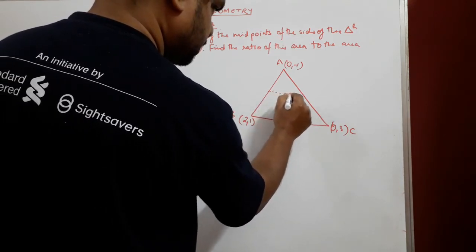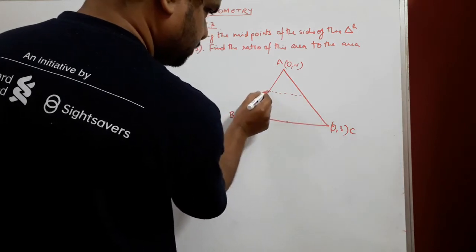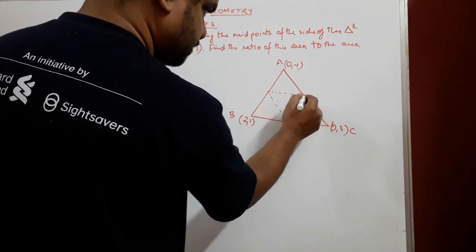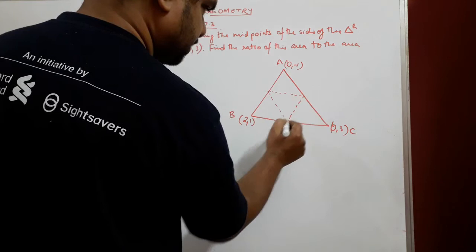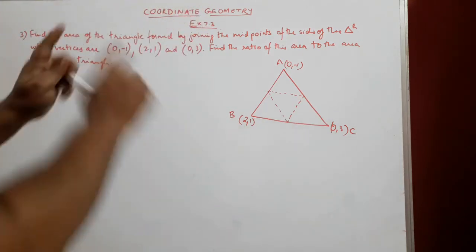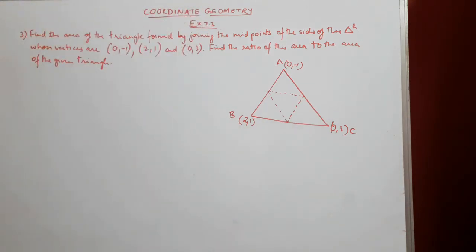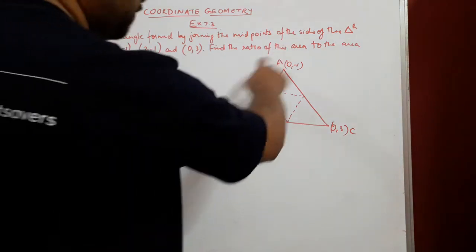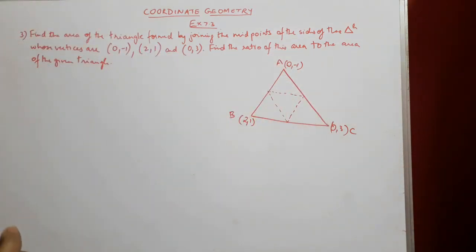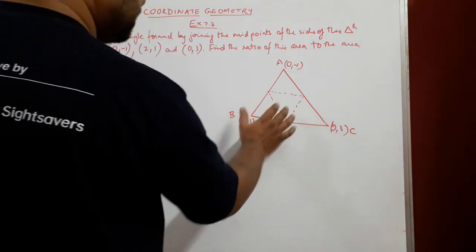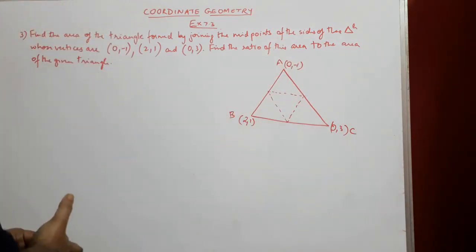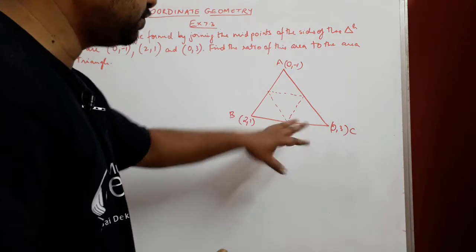I'll put a dotted line over here so that you know where we should focus for this particular problem. So a triangle is formed by joining the midpoints of the sides of the bigger triangle. We need to find the ratio of this area to this entire area. Basically the ratio of the two.